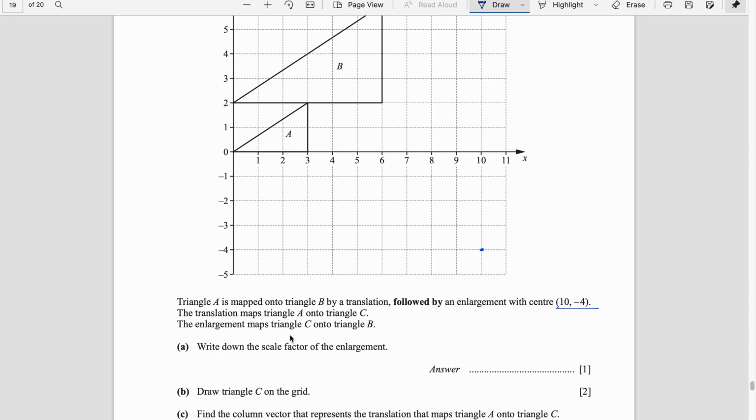The enlargement maps triangle C onto B. Write down the scale factor of the enlargement, which we can clearly see is doubled. So scale factor is 2.